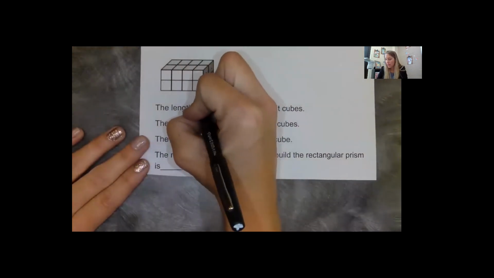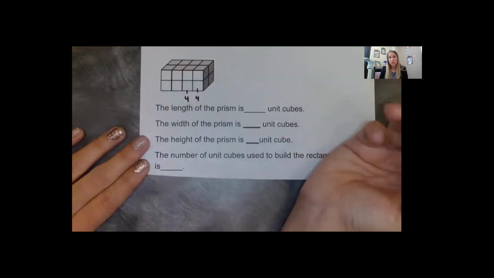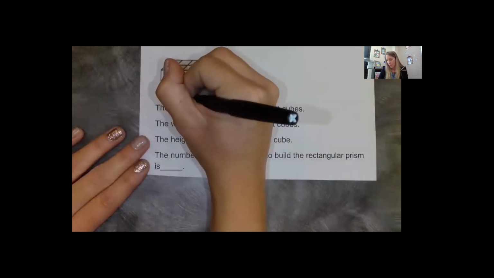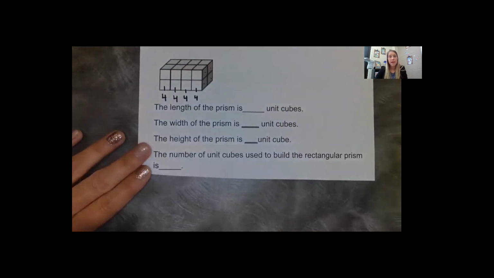And I know that that is stacked sideways. And so there's 4 in that layer, and 4 in that layer, and 4 in that layer to give me 16 unit cubes. Remember, we have to be cautious to count our cubes and not the faces of the cubes.